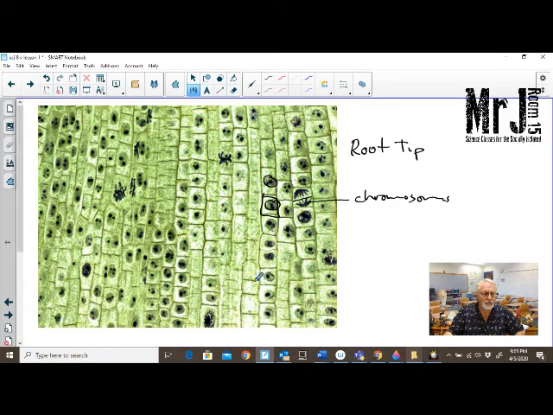I'm just trying to see some other examples of cells where you might be able to see it. Not really. So anyways, you can definitely see the cells, the cell walls within this root tip. And here you can see chromosomes starting to form, and the cell nucleus is going to disappear. So this one's getting close to doing cellular division.